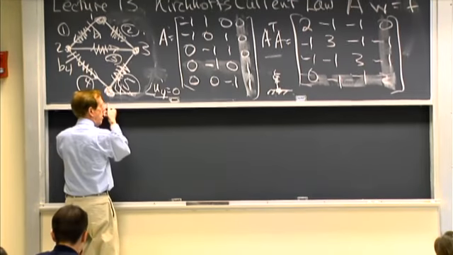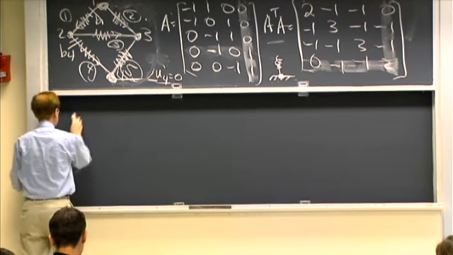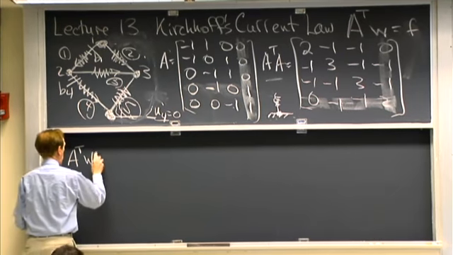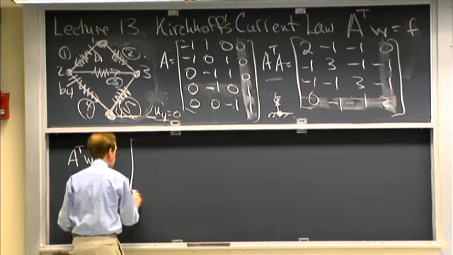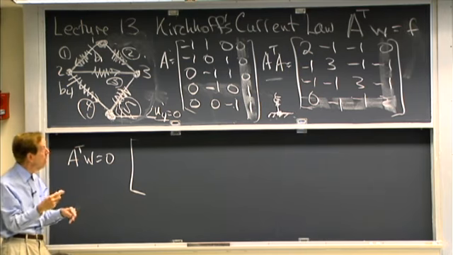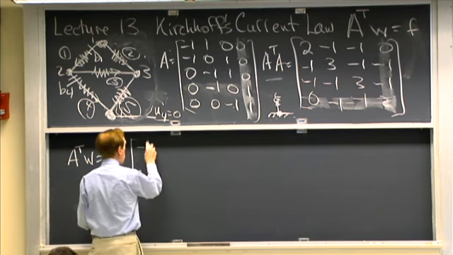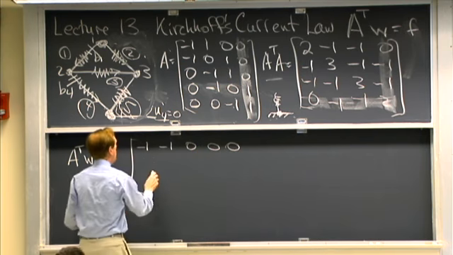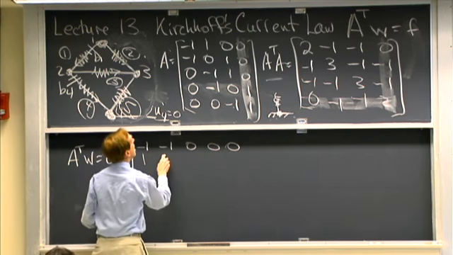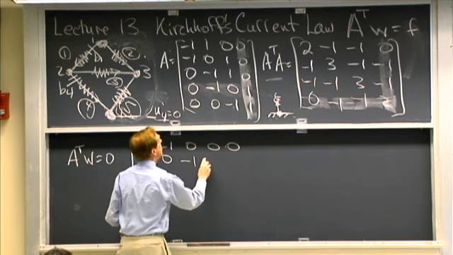Let's look at all the nodes. Let me look at A transpose W equals 0. Okay. So I'll copy A transpose because I truly believe that Kirchhoff would want me to do it. Okay, so that becomes a row. That becomes the next row.